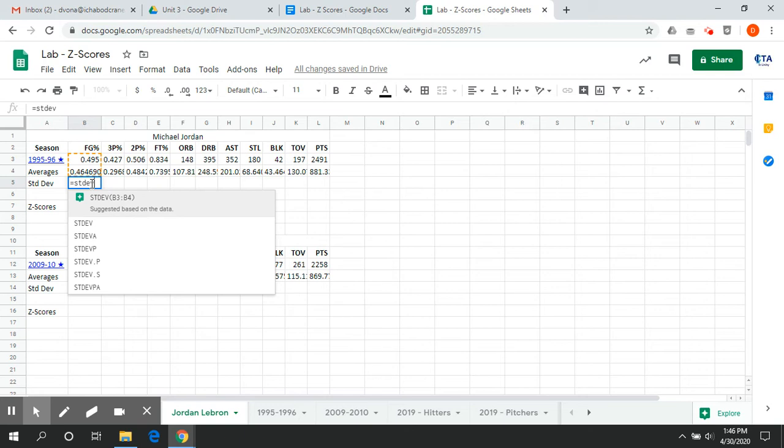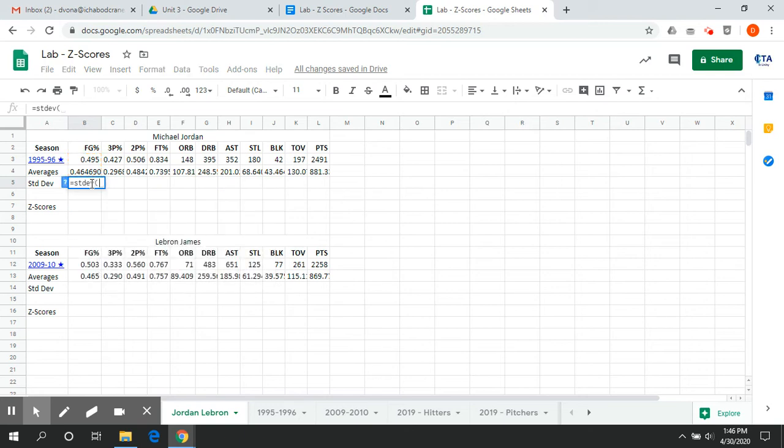All right, I'm going to do the same thing for standard deviation, and I'm just going to use STDEV. Now, we're not using the whole NBA. It's only a sample of the players. So when you do STDEV, that'll give you the sample standard deviation, which is what we want in this one. So you don't have to worry about population or sample for this one. Just STDEV, that will give you the right calculation.